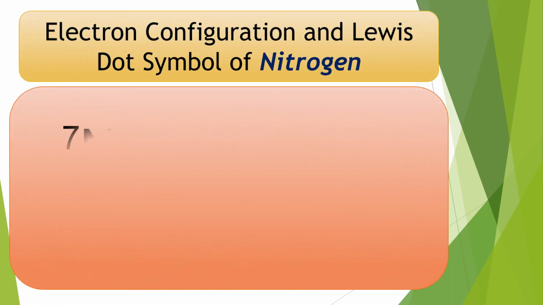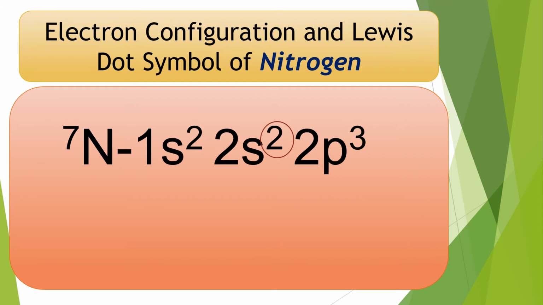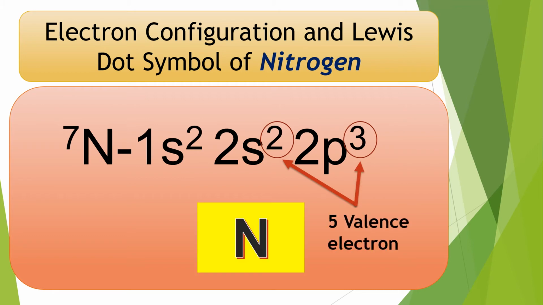Another example is nitrogen. Nitrogen belongs to family 5, so it has 5 valence electrons. So therefore nitrogen has 5 dots around it.